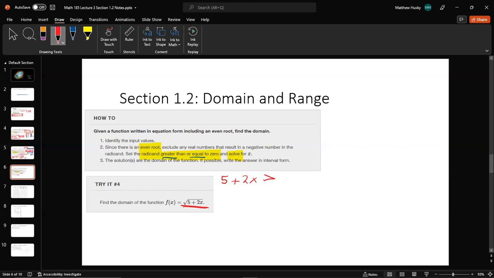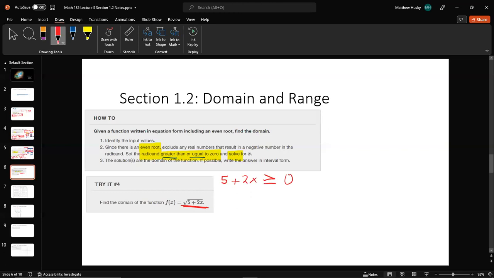It can also be equal to, which is where you put the line under it. So that's greater than or equal to. It can be bigger than the number, or it's also allowed to equal the number. And so that has to be greater than or equal to 0. With square roots, you can put in anything that's not negative. You can put in 0, you can put in a positive number.